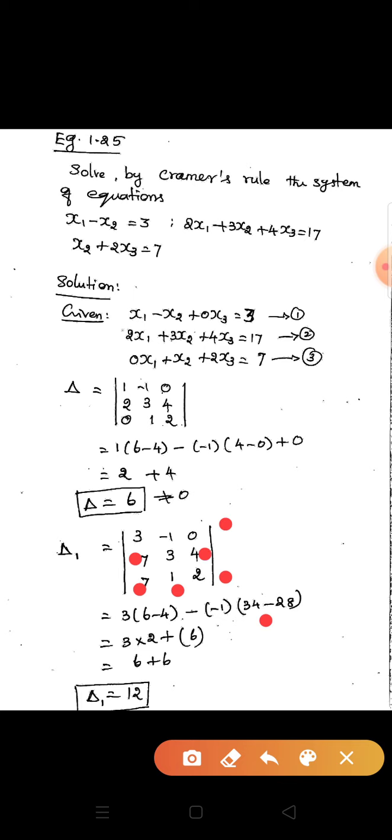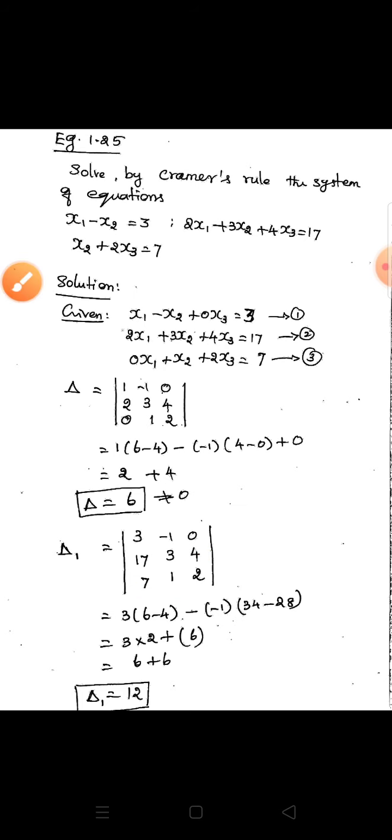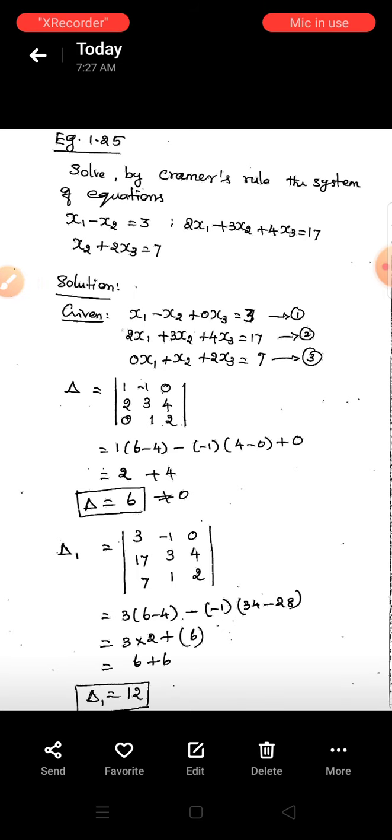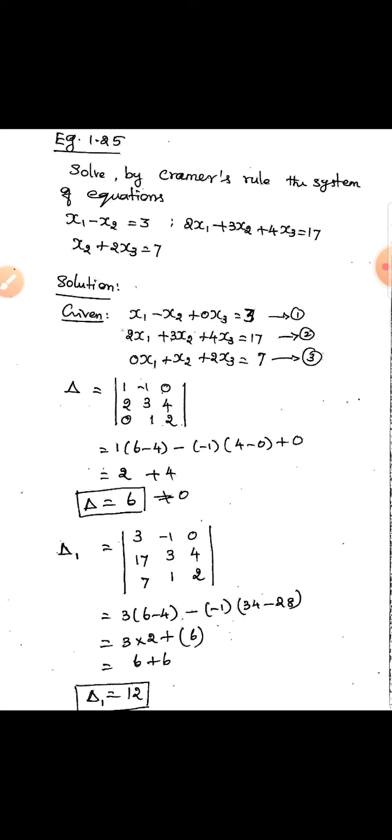And the third element is 0. Okay, 6 minus 4 is 2, 3 2s are 6. And minus into minus is plus, 34 minus 28 is 6. 6 plus 6 equals 12. So the delta 1 answer is 12. Here we found the value delta is equal to 6 and delta 1 is equal to 12.